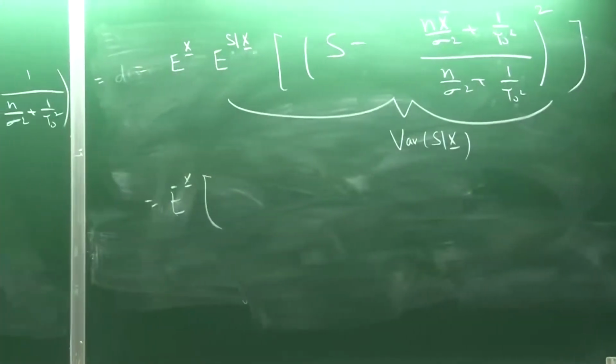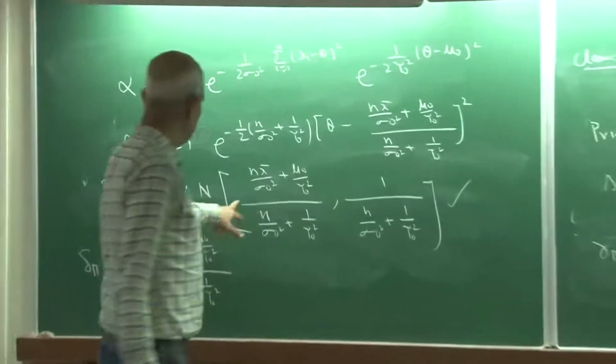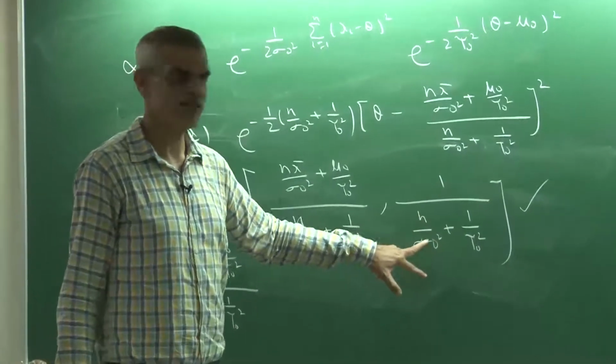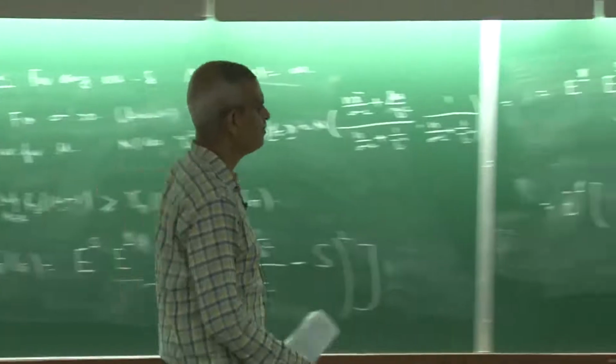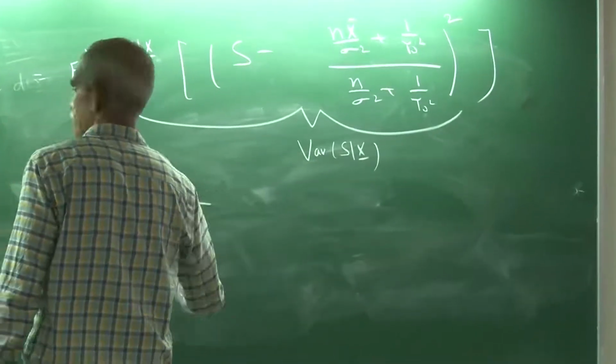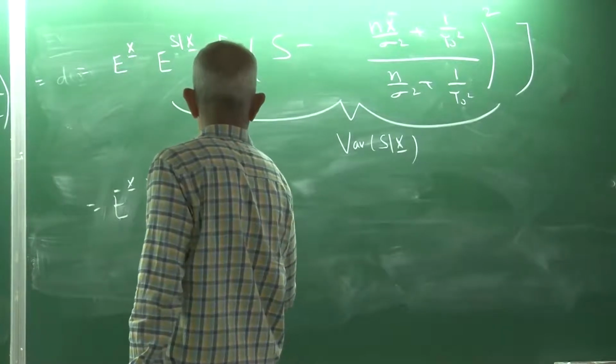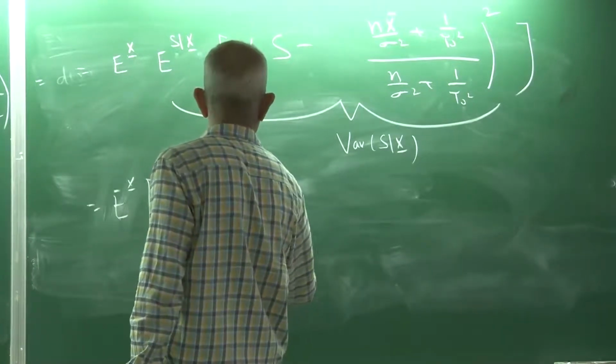Because the posterior distribution I have obtained as normal with this mean and variance as this quantity. So it is the same as 1 upon n by sigma naught square plus 1 by tau naught square.